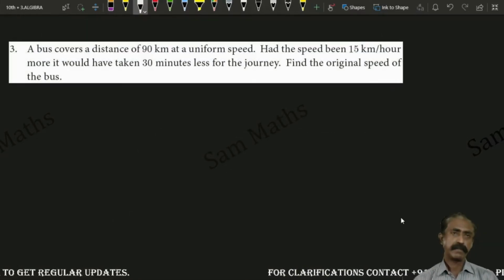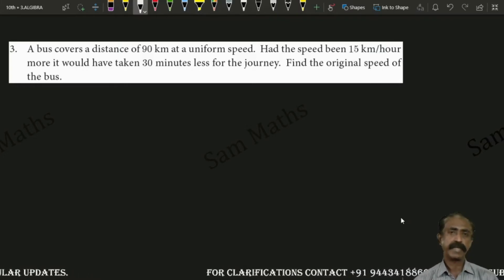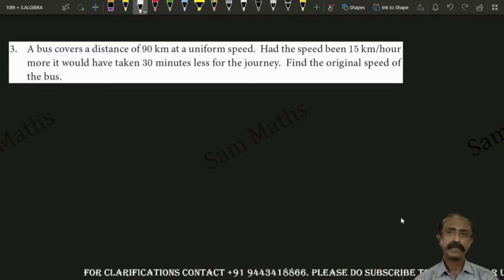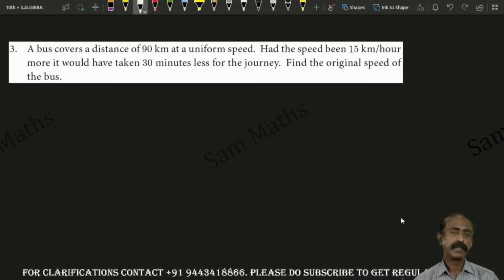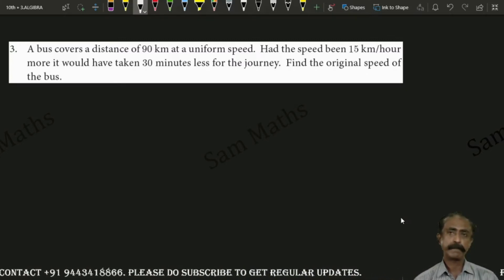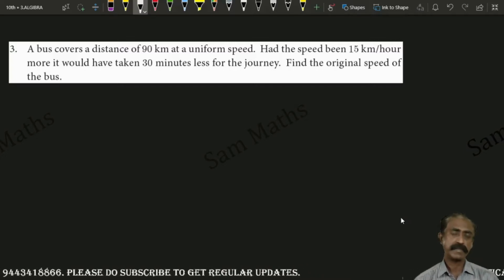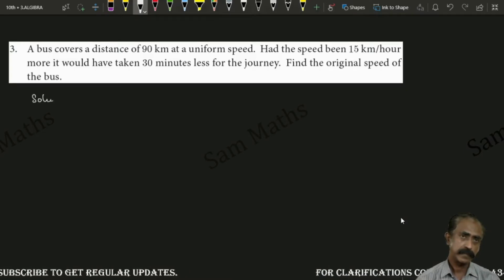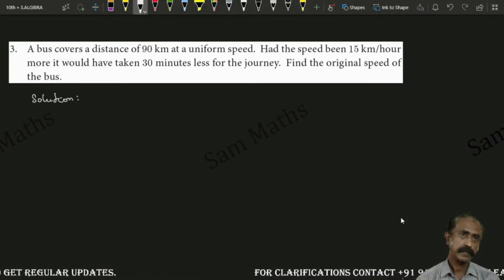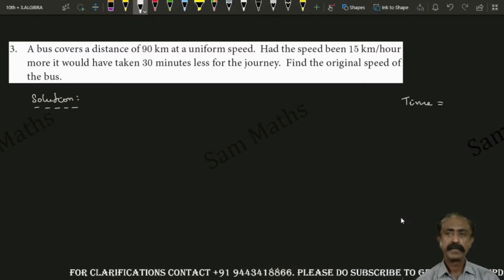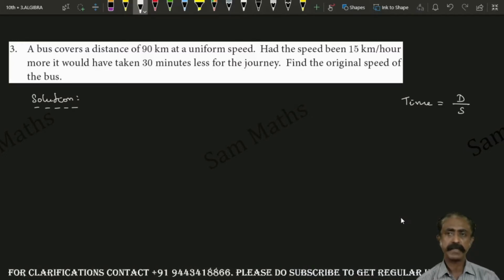Third question. A bus covers a distance of 90 km at a uniform speed. Had the speed been 15 km per hour more, it would have taken 30 minutes less for the journey. Find the original speed of the bus. Okay, children. Solution. You know that time taken is equal to distance by speed.